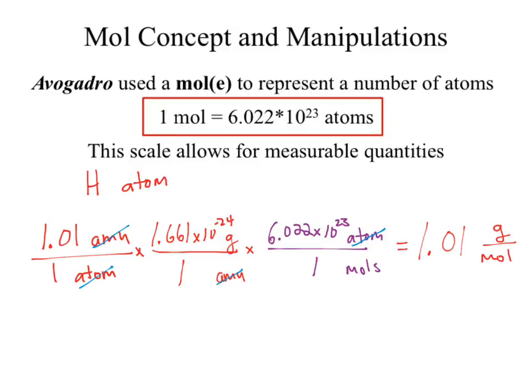So when we look at our periodic table, that atomic mass number will now be used as our molar mass. This gives us the ability to convert a mass of a substance over to the number of molecules. Once I know the number of molecules, what can I then do with it? I can use a balanced equation to convert that number of molecules into the number of molecules of product. Or how many molecules of the other reactant do I need to react with it?